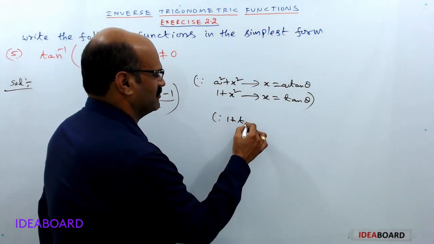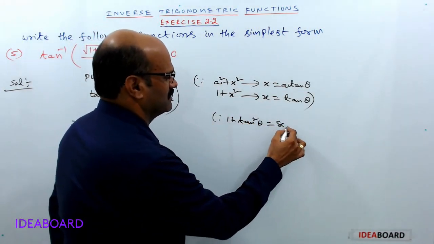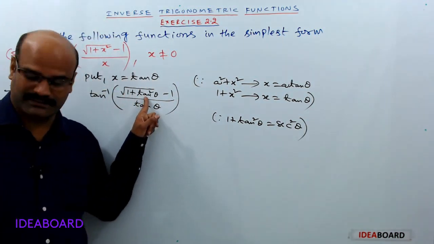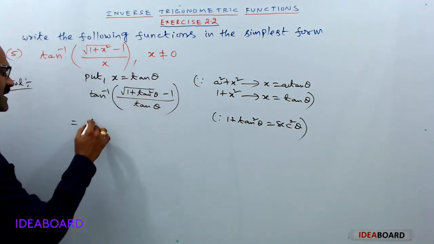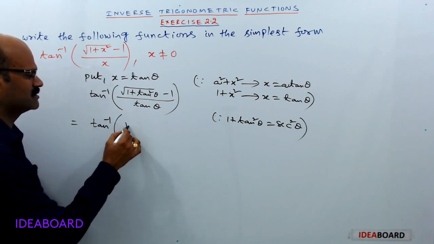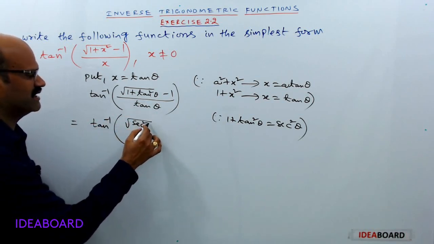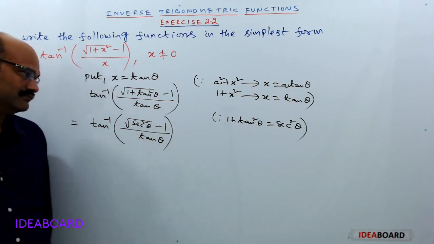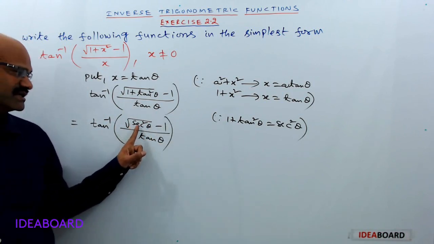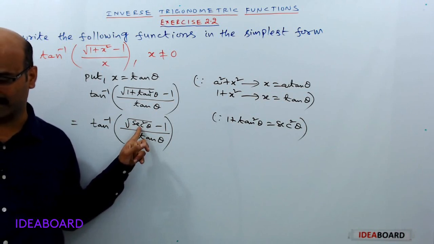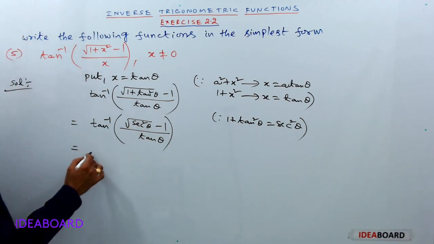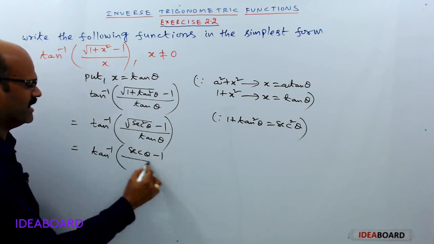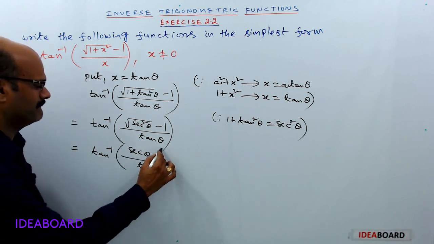Since 1 plus tan square theta equal to secant square theta, we can write tan inverse of square root of secant square theta minus 1 by tan theta. Now root secant square theta equal to secant theta here. So it implies tan inverse of secant theta minus 1 by tan theta.